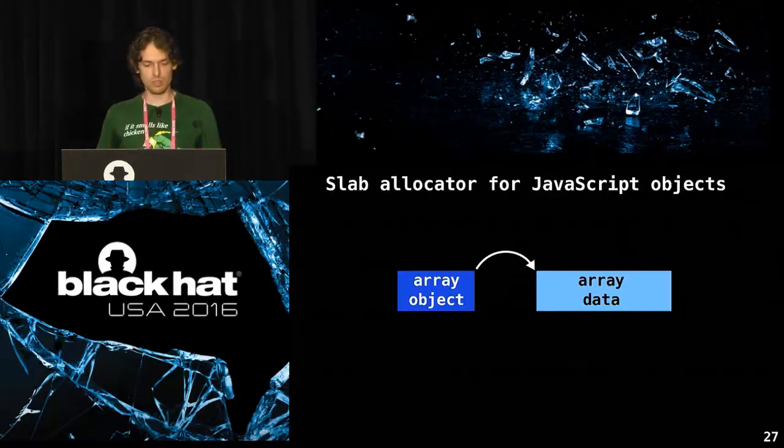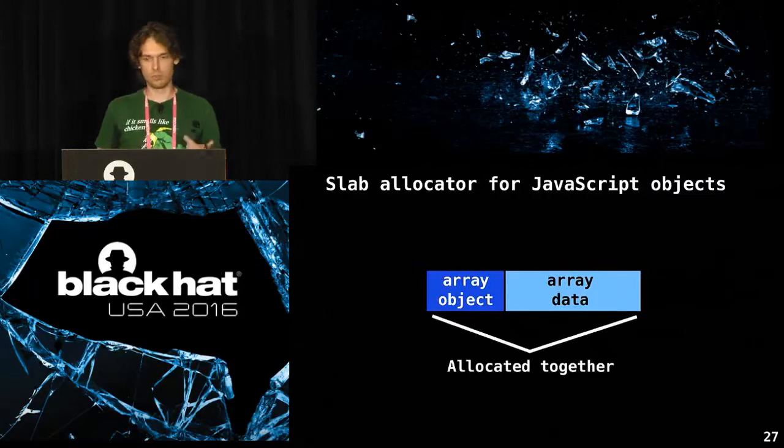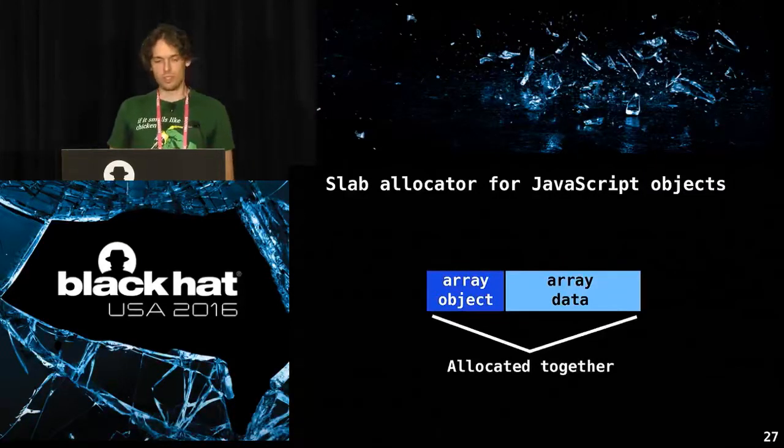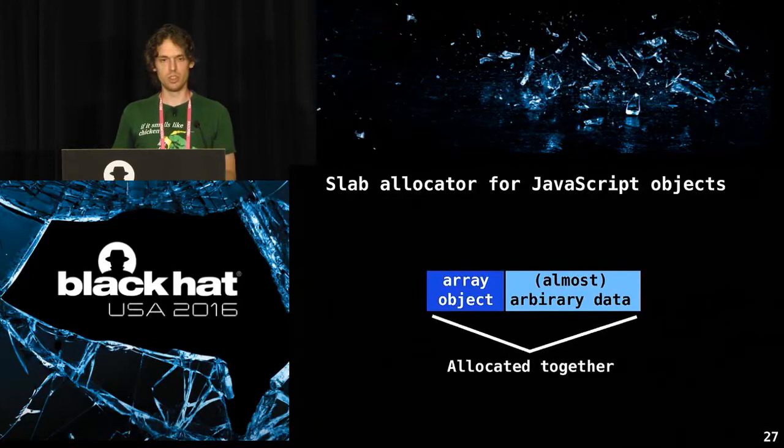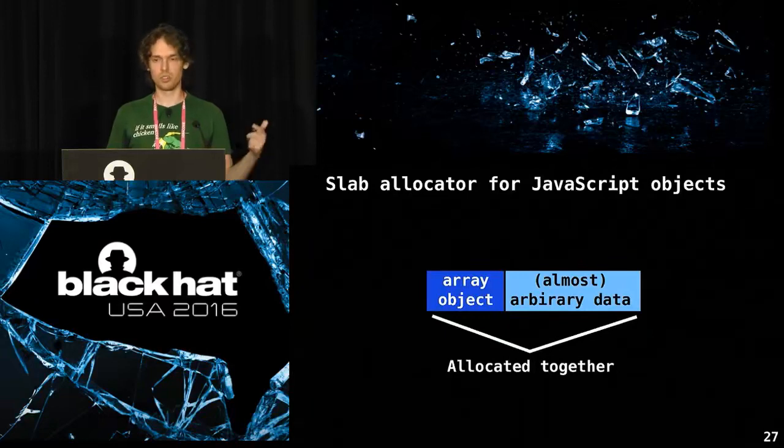And for small arrays, those are allocated together, probably for performance reasons. We are actually interested in the data part of the object, but because they're allocated together, we can calculate it from a reference to the object itself.